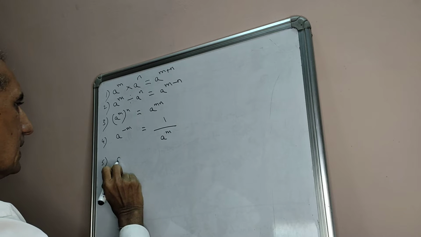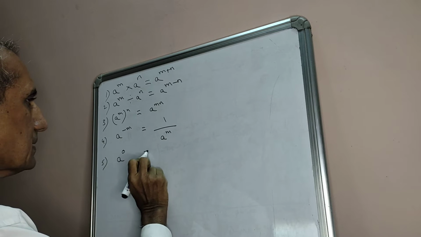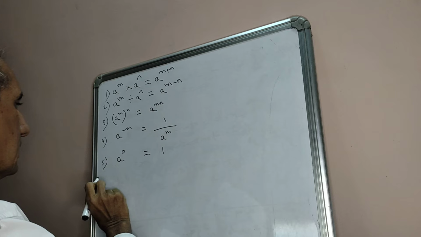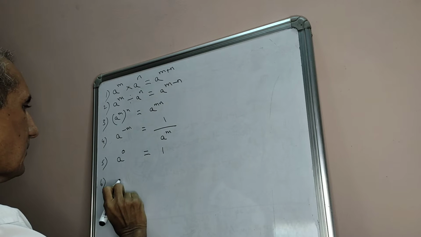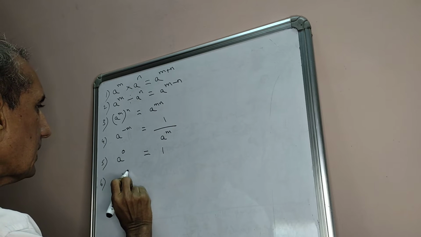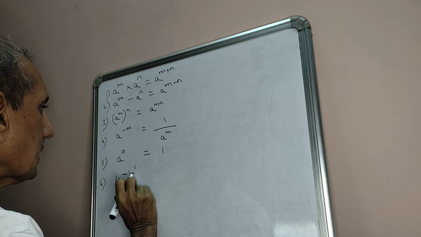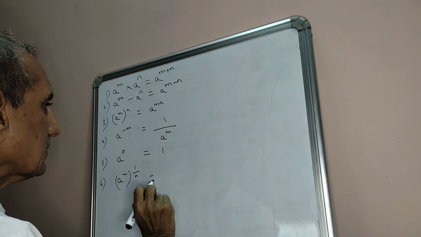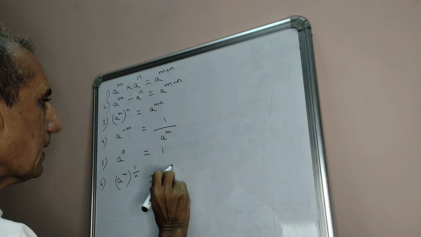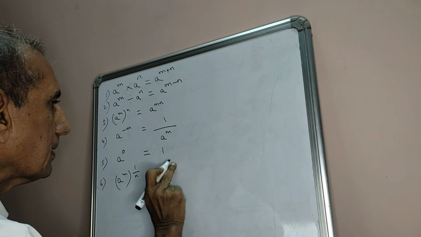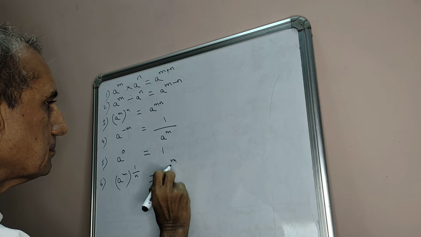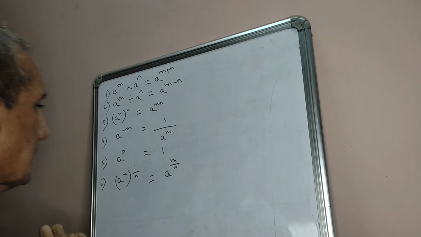The fifth one will be anything to the power of 0 is always equal to 1. The sixth one will be (a^m)^(1/n) is equal to a^(m/n).